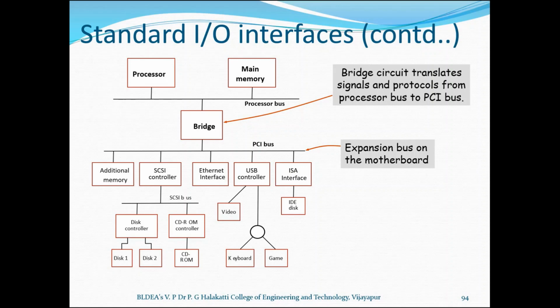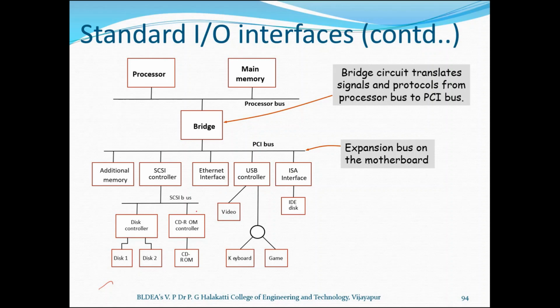The SCSI bus is a high-speed parallel bus used to connect bulk storage devices like CDs, etc., and video displays.